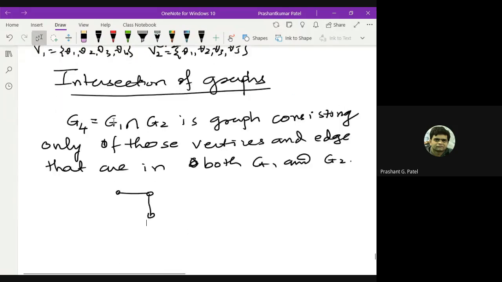So this is the graph which is the intersection of G1 and G2.